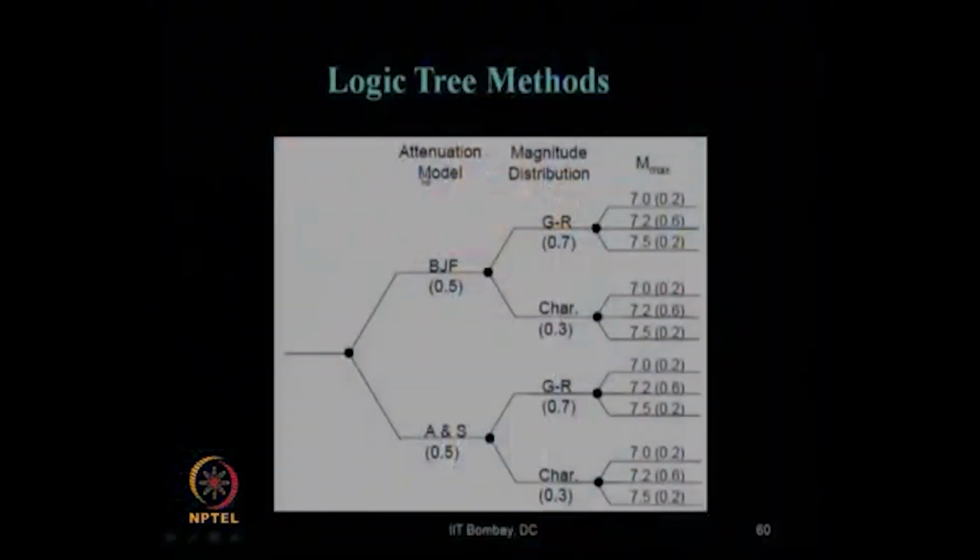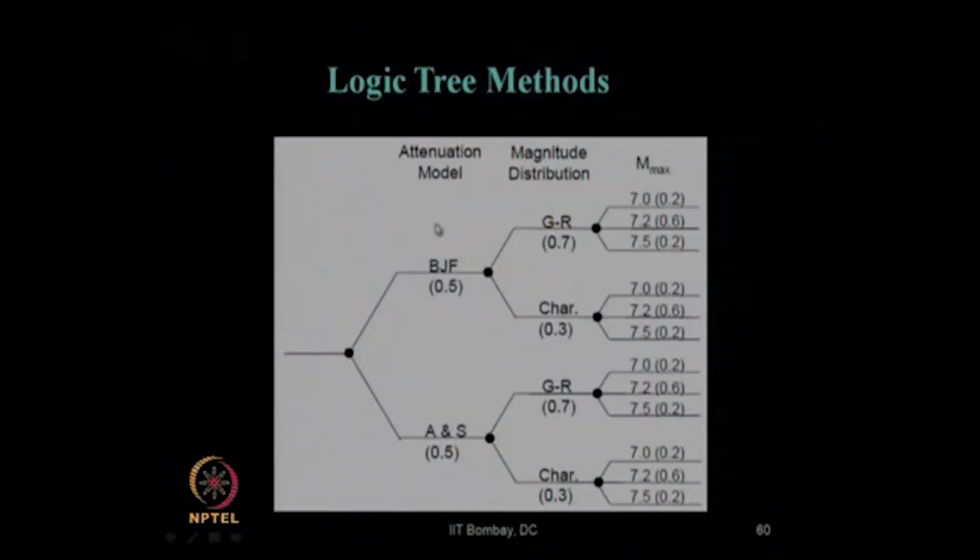So, how to propose a better, more realistic or mathematically more correct relationship or seismic hazard value? That is why this logic tree comes into the picture. So, let us look at this.